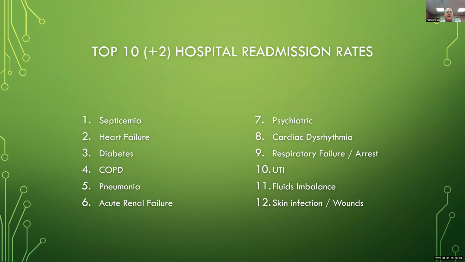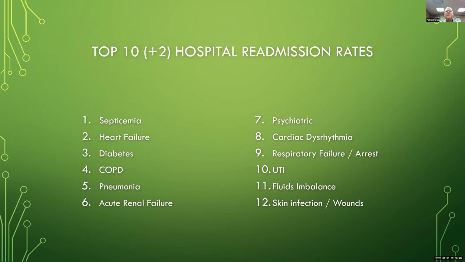So topping the chart is septicemia or sepsis. It seems like nobody gets discharged from the hospital anymore without having a little buddy that they take home with them. But that's not the real reason. Typically, they're admitted for sepsis. It's one of the leading reasons for admission into the hospital.